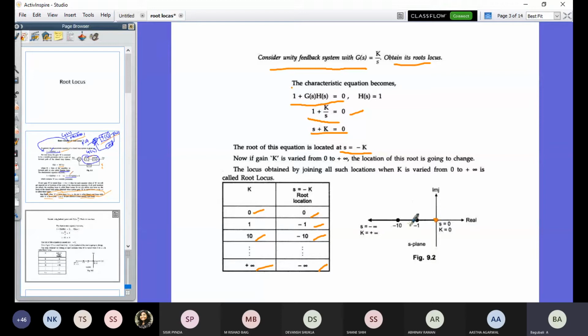For k equal to 1, s is equal to minus 1. For k equal to 10, s is equal to minus 10. For k equal to infinity, s is equal to minus infinity, somewhere else. Joining all such locations, we will get the plot. It is called the Root-Locus plot here. Any doubt in that? Sisir, do you understand now? Yes, sir.